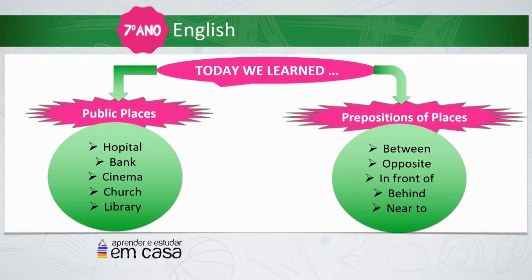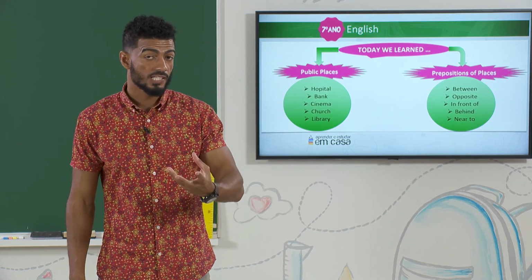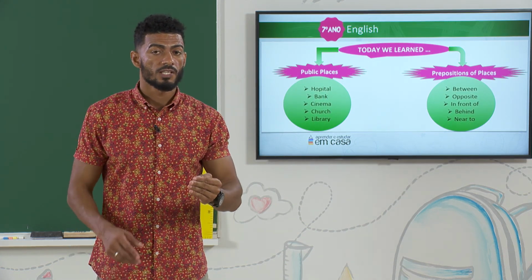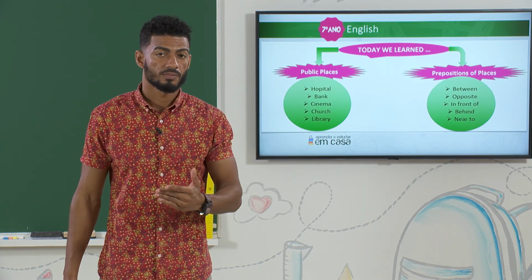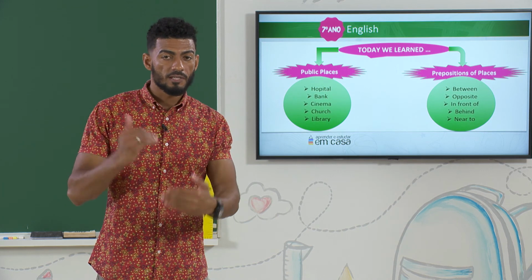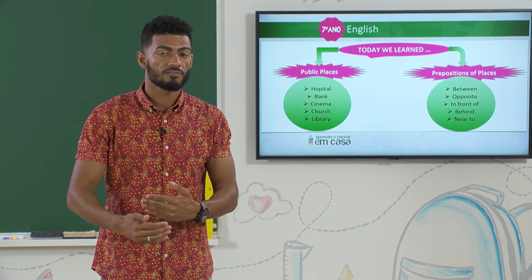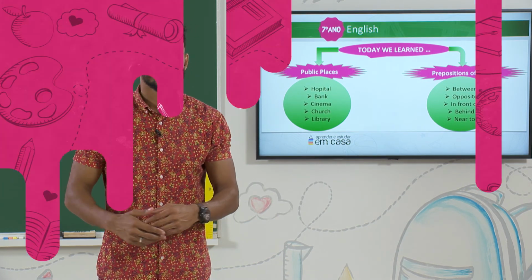For example, between, opposite, in front of, behind, and near to. For example, you can say the school is between the park and the bus stop. Or you can say the bank is in front of the school.